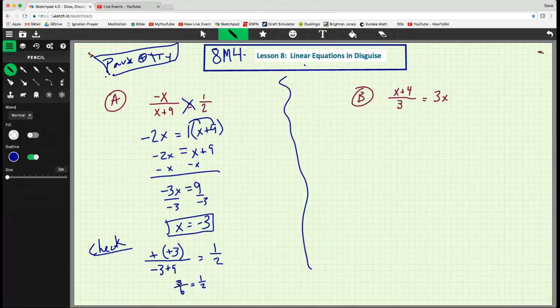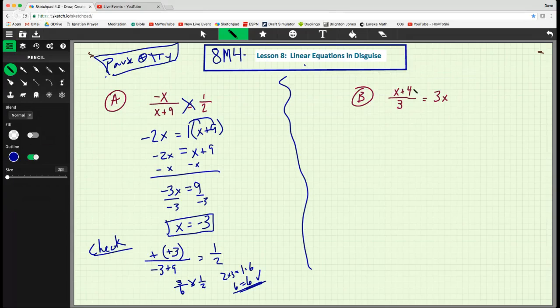Is 3/6 equal to 1/2? Yeah. If we simplify, dividing both by 3, we get 1/2. That's one way to check it. The other thing we can do is cross multiply: 2 times 3 equals 1 times 6. Yeah, 6 equals 6. Two ways to check that. So x is negative 3. Done.